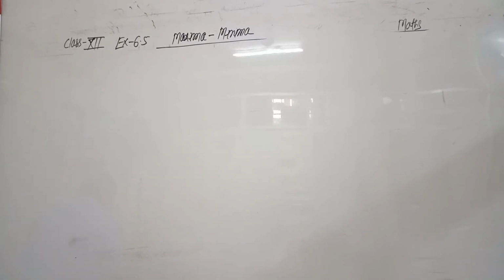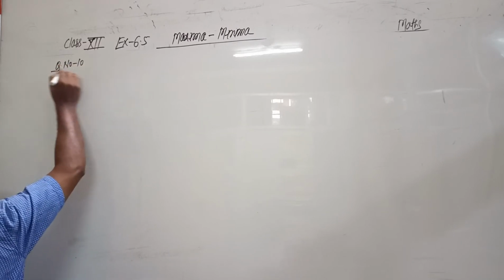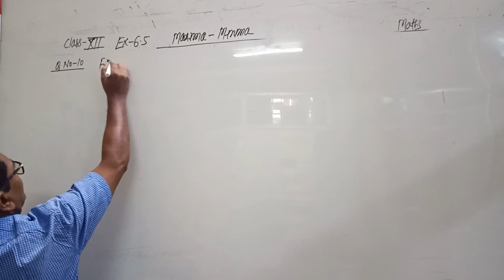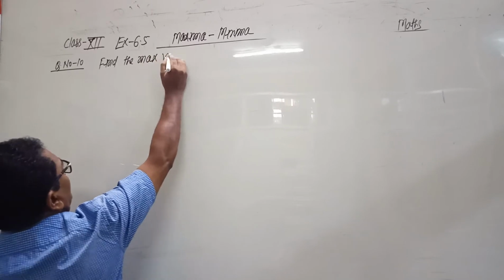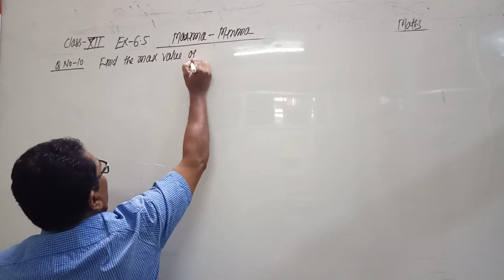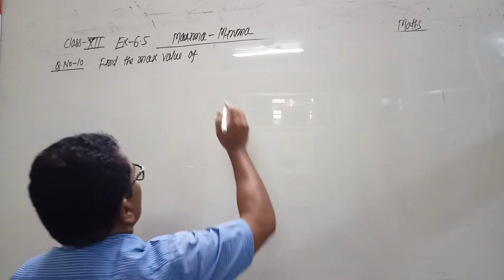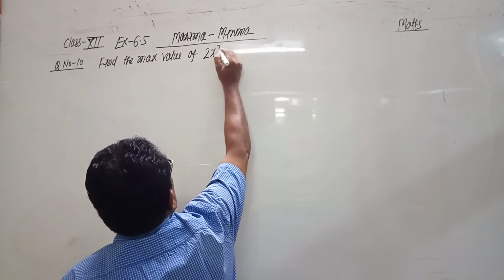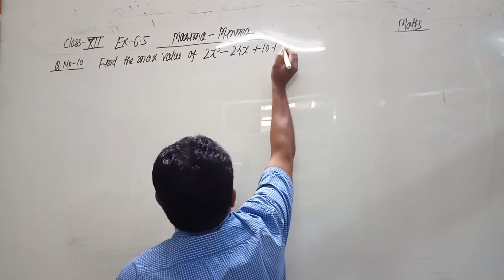Next question is question number 10. Find the maximum value of the function 2x cube minus 24x plus 107.